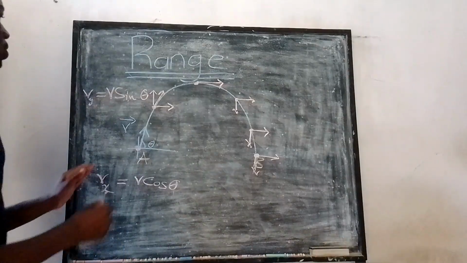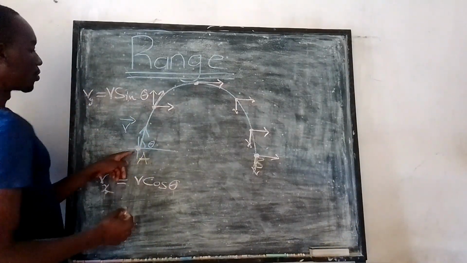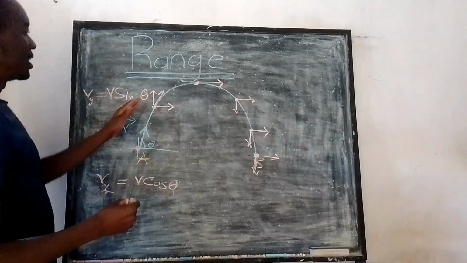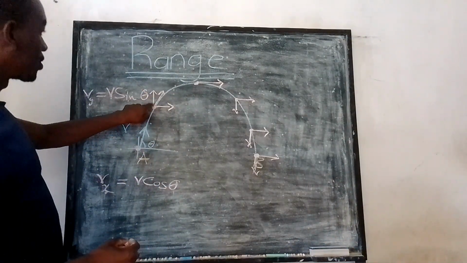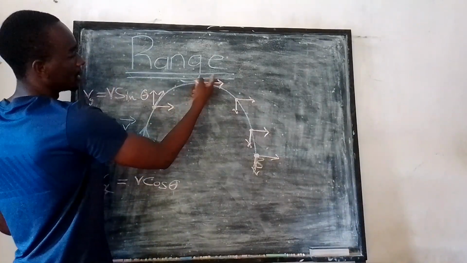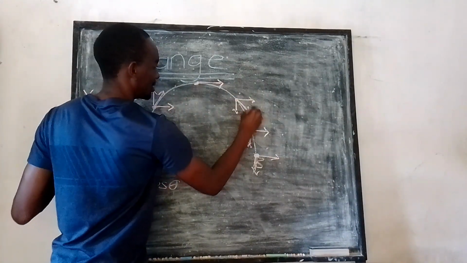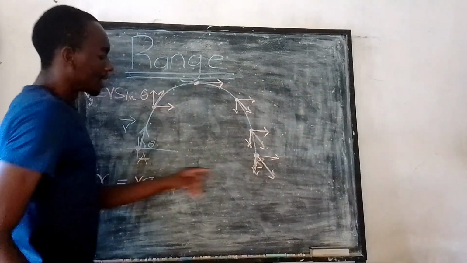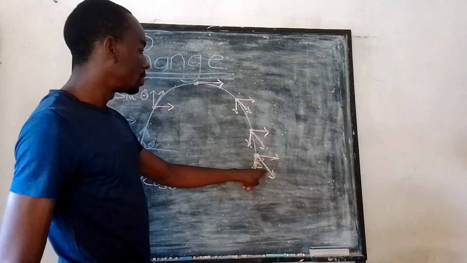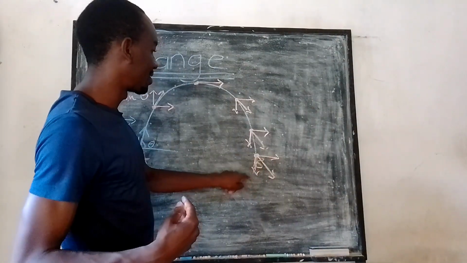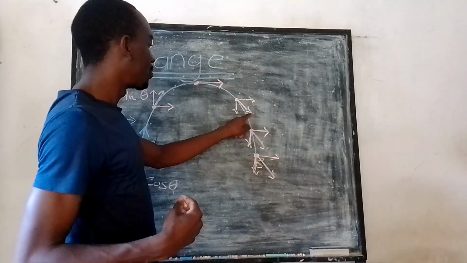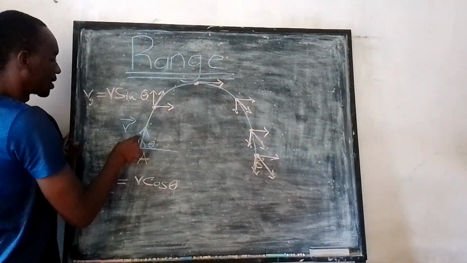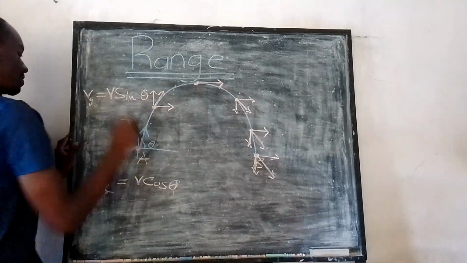So during the motion of the projectile from point A to point B, at each point the velocity is this, and it can be broken down into its components, which are this and this. For this we have this and this, and for this we have this and this.